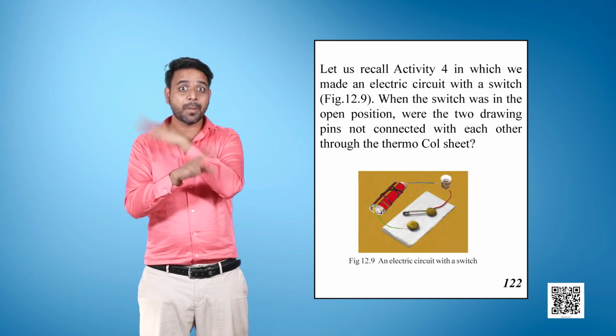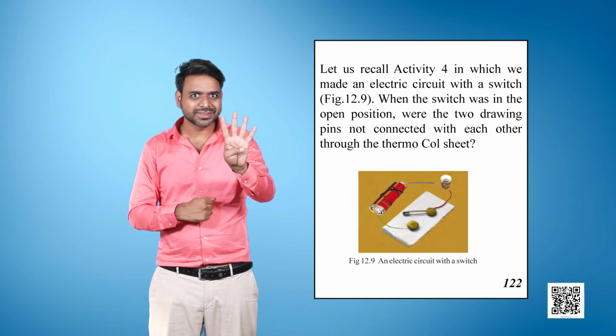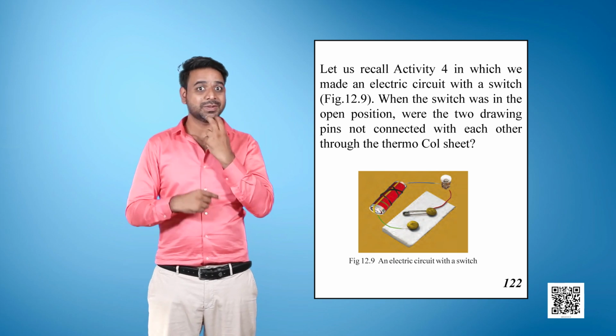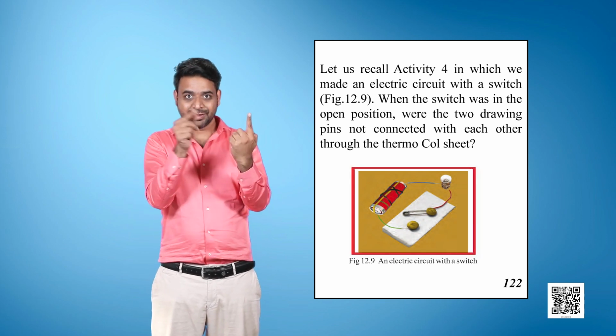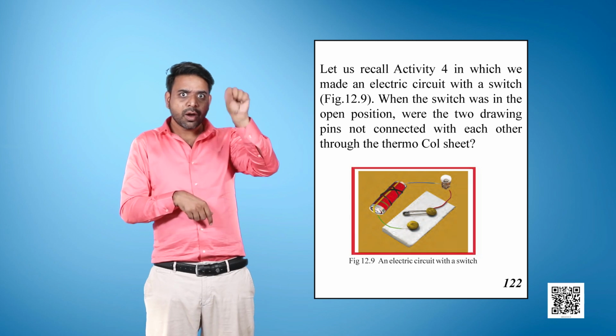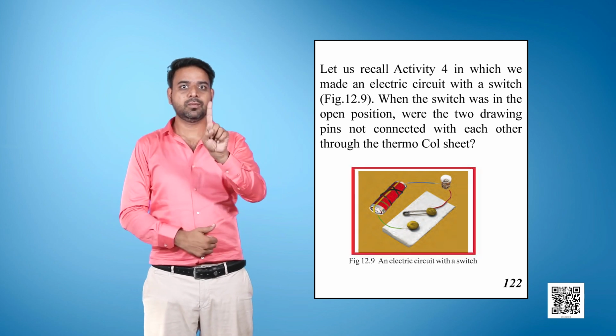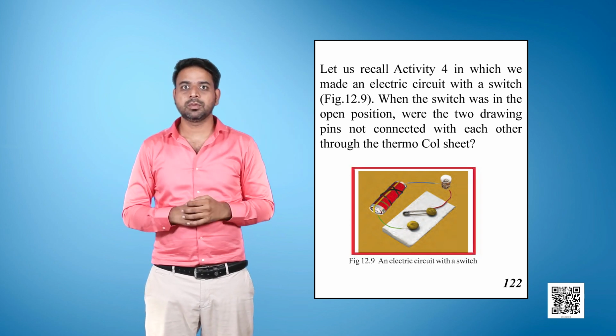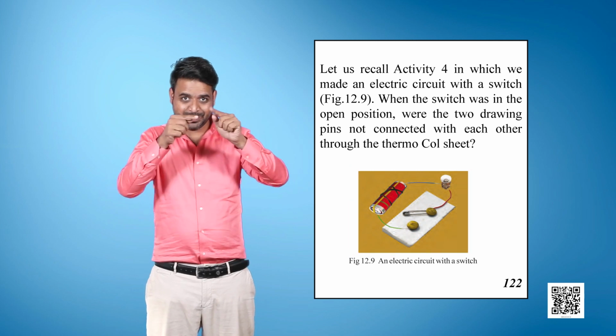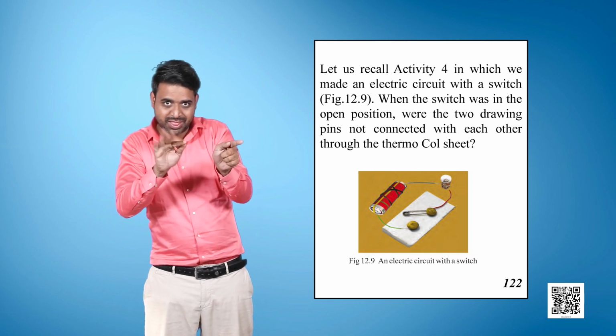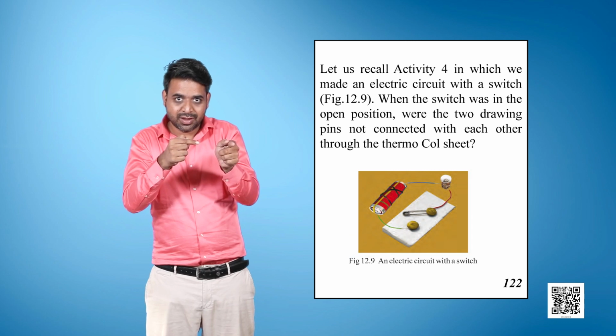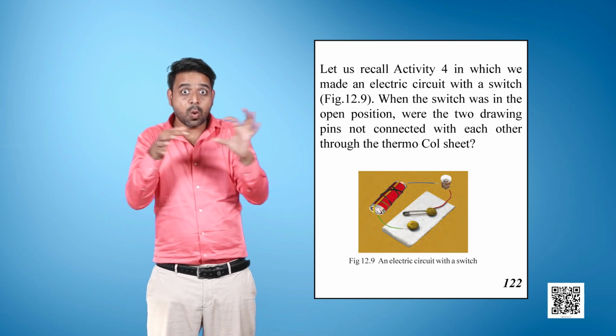Let us recall Activity 4, in which we made an electric circuit with a switch, Figure 12.9. When the switch was in the open position, were the two drawing pins not connected with each other through the thermocol sheet?